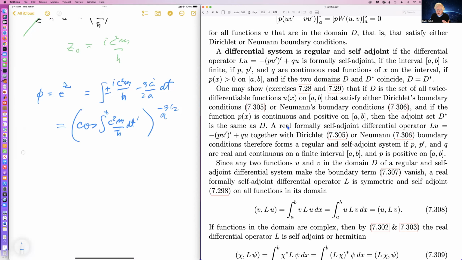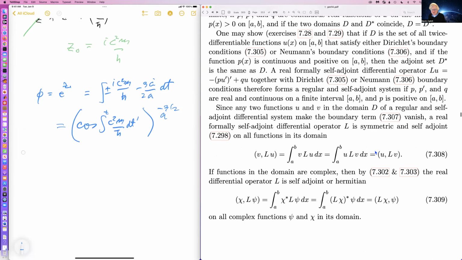A real formally self-adjoint differential operator together with the boundary conditions forms then a regular self-adjoint system on the interval, if P is positive and so forth.